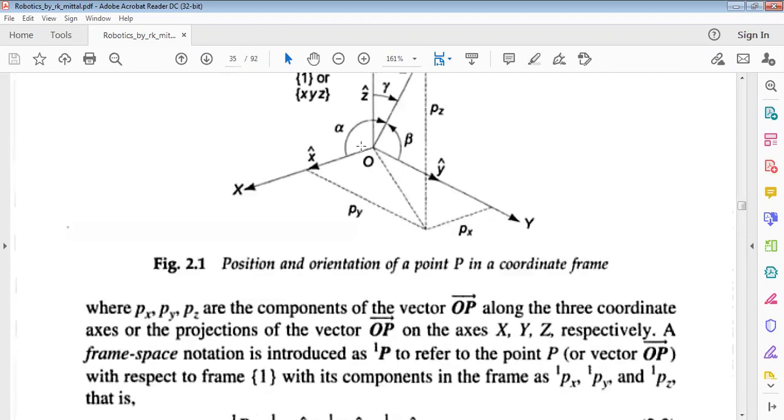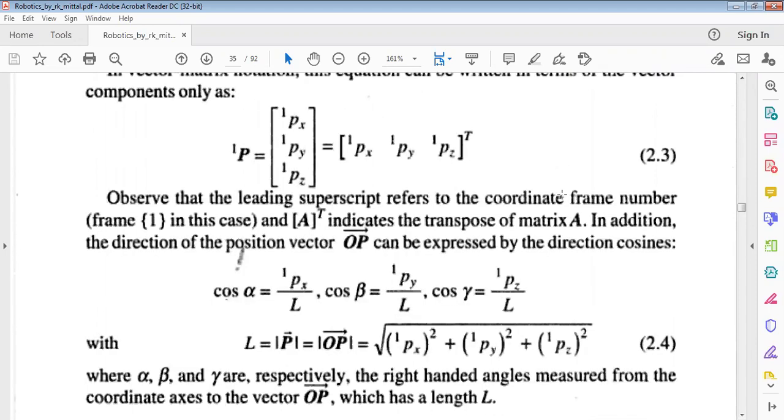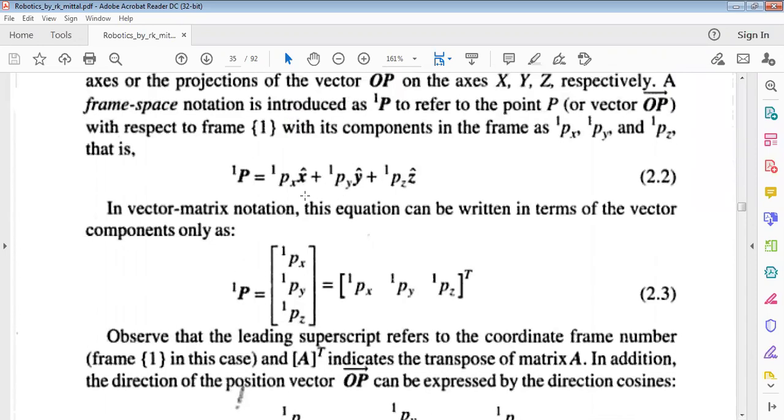Now alpha, beta, gamma are the angles of the vector with respect to the x-axis, y-axis, and z-axis. The vector can be written in matrix form.